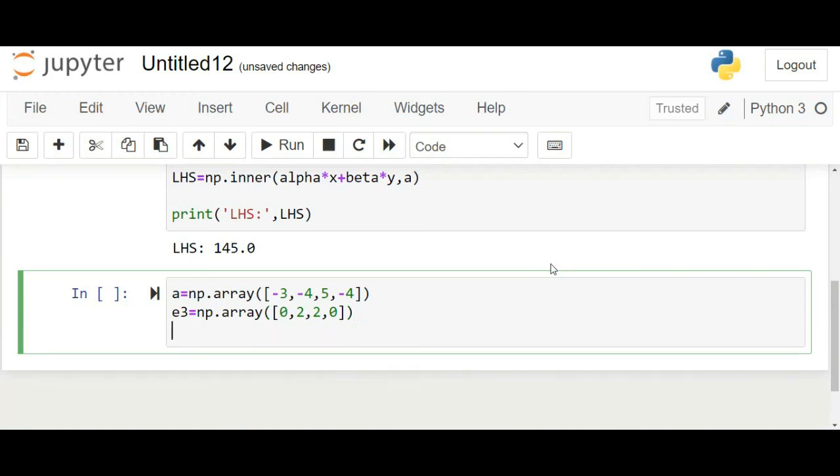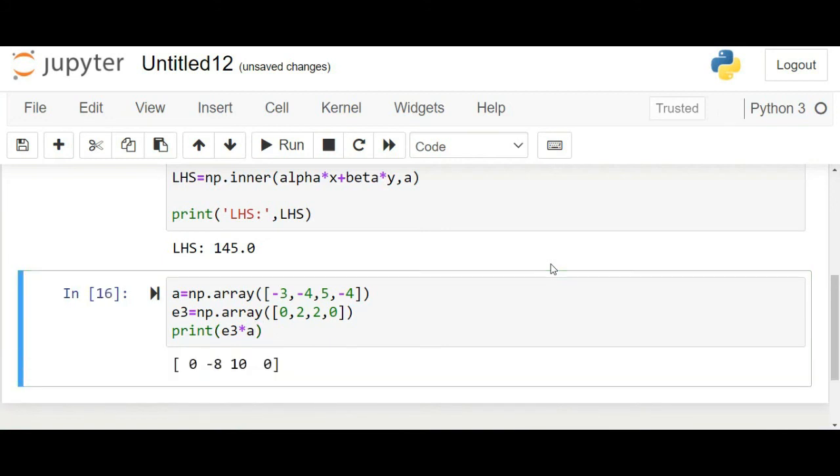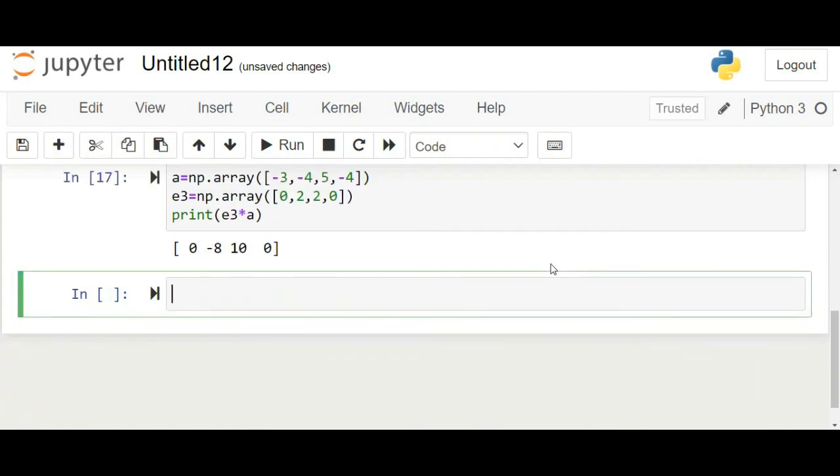And if we print the inner product of E3 and A, then our answer will be the inner product of E3 and A. Now we are talking about some other example, for instance, our code is average.